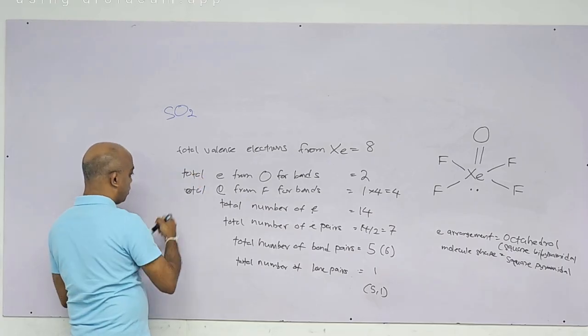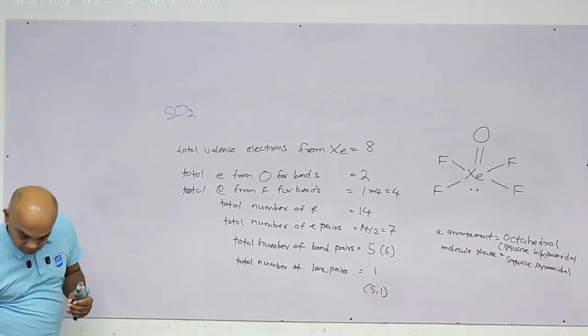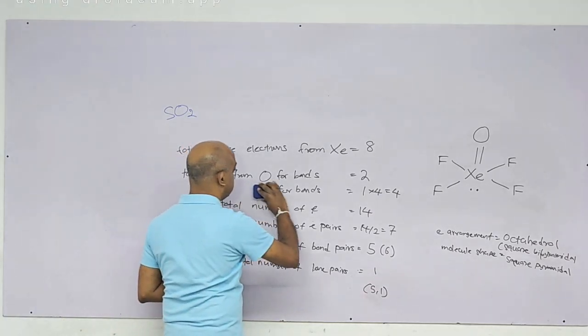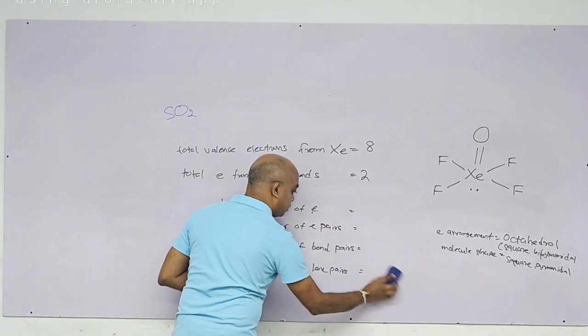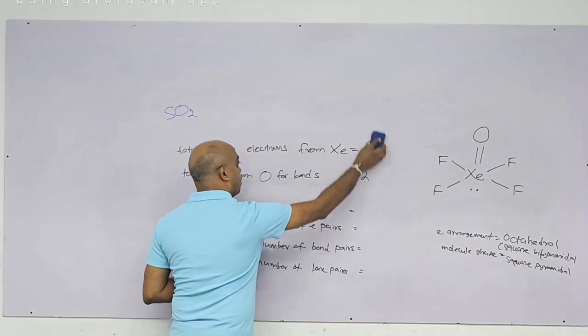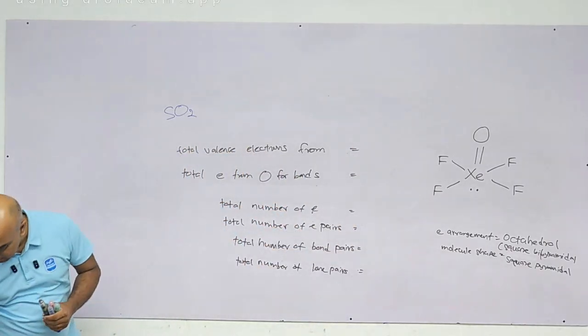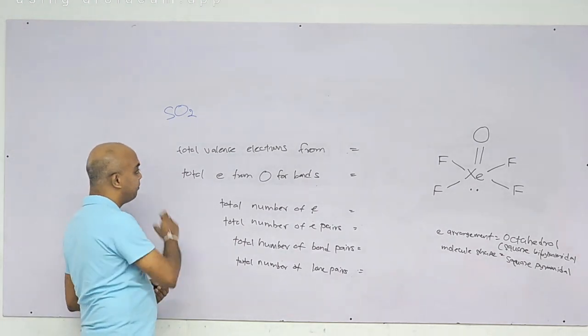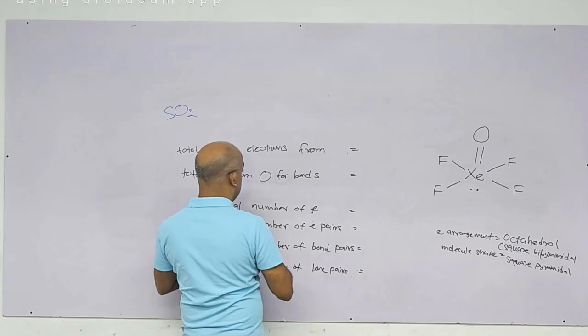Now for sulfur dioxide, total valence electrons from sulfur is 6.